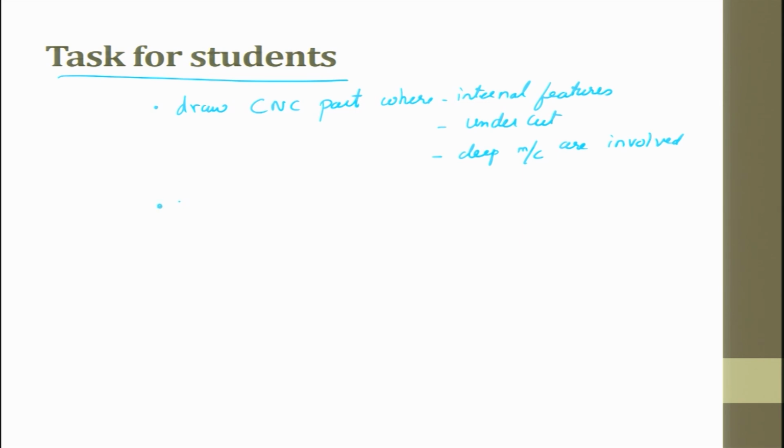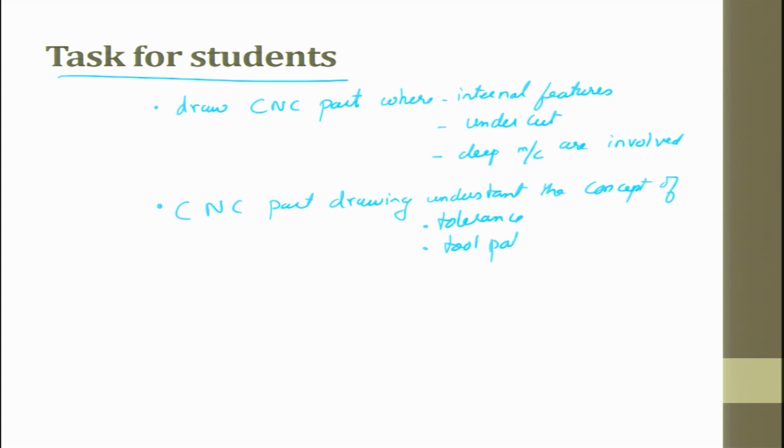Next, you have to see a CNC part drawing and understand the concept of tolerance, tool path, simulation and tool decision, for example, which tool to use and what.